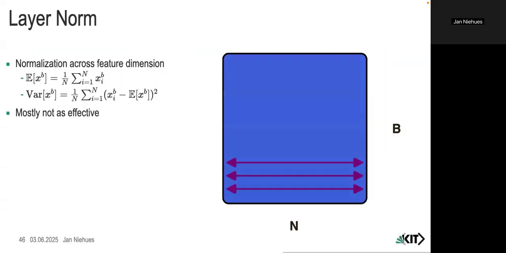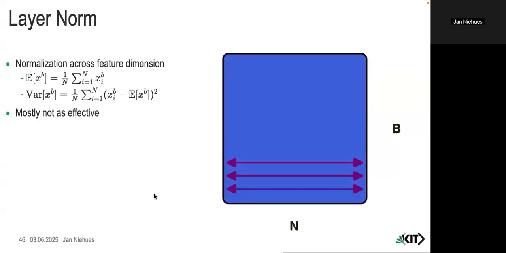And that's why people also look into what is called layer norm, where you do the same thing, but now you do the normalization across the feature dimension, meaning you take the expectation values for one hidden state and normalize them to be between 0 and 1.